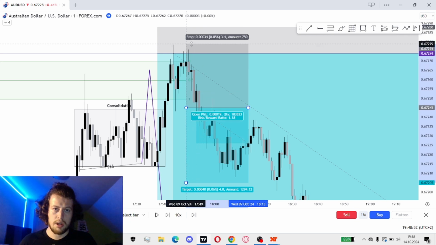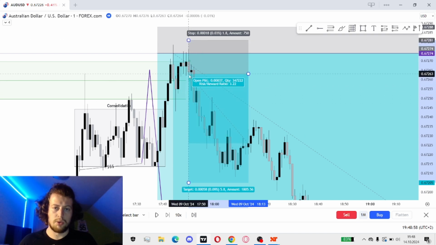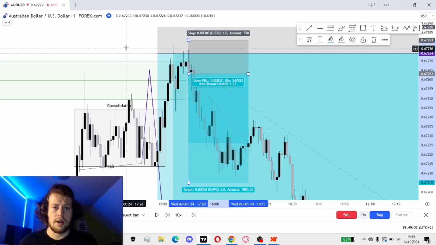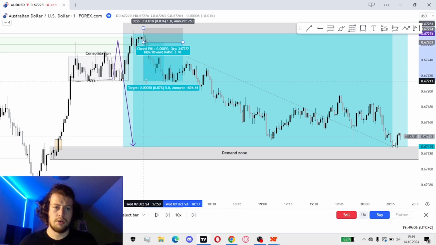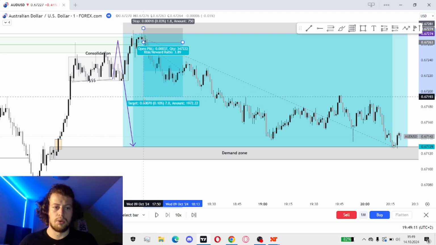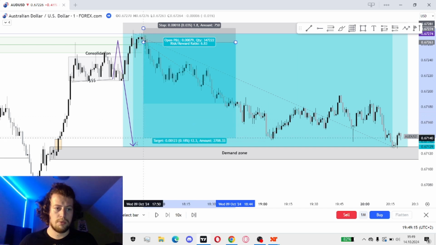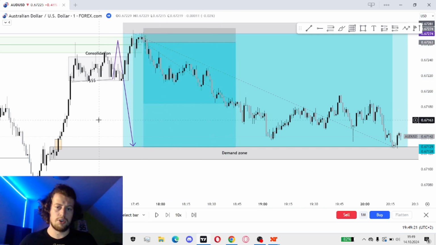Stop loss you can have here or somewhere else, I don't know. It's how you want to trade, or what type of trader you are. And if you have some fixed risk to reward ratio, I don't know, 3, you can target this liquidity, 3 or 2 or 5, you would hit everything. If you target this imbalance, you have a nice 7.5 risk to reward ratio.